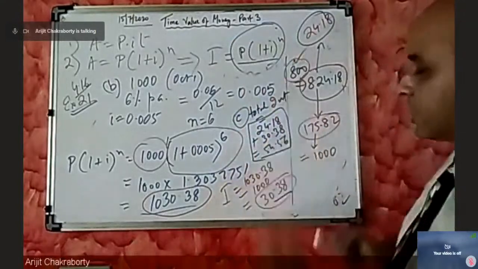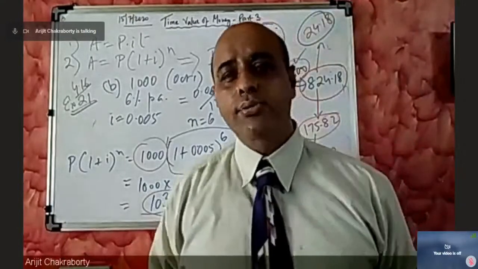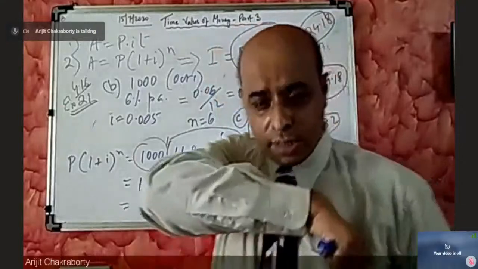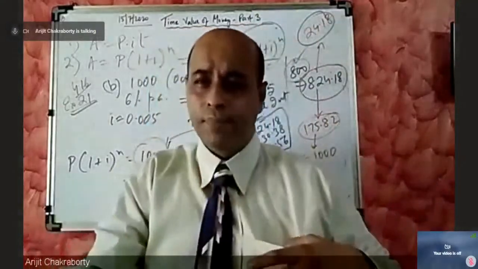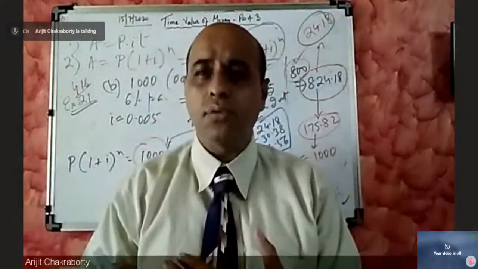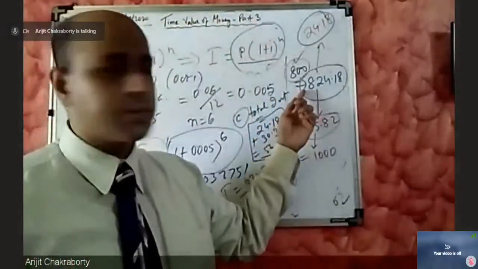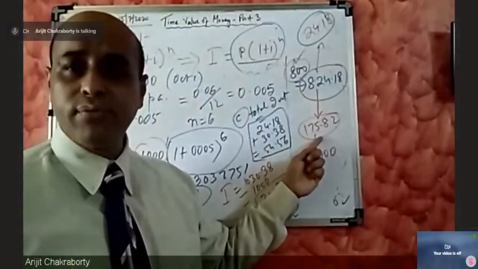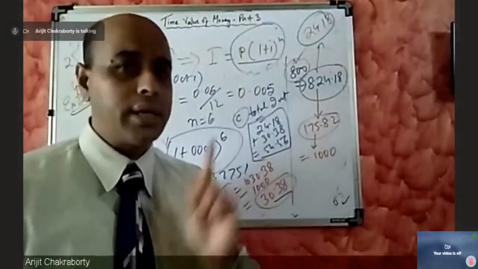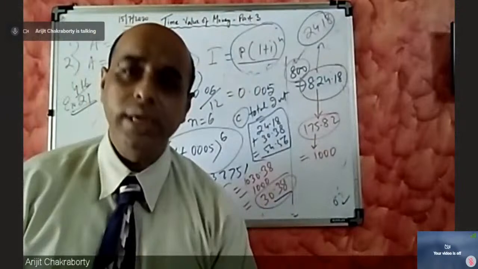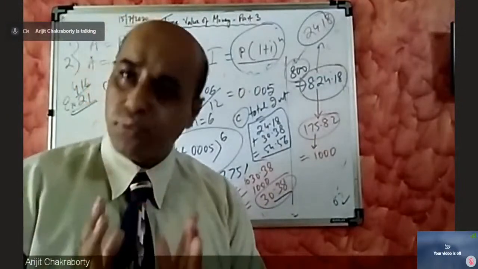Correct. Next, with that money, 824.18, he put in some more money from his pocket and got a corpus of 1000 rupees. So 1000 minus 824.18 gives you 175.82. This was the additional amount which he invested from his own funds.